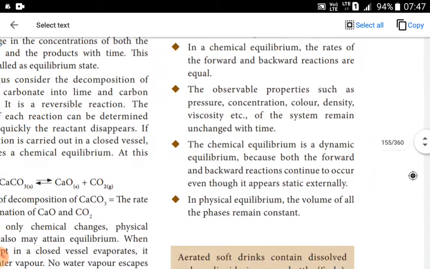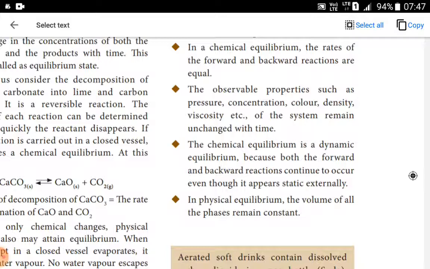Then chemical equilibrium is dynamic, that is, a stable balancing between the continuing processes of forward and backward reaction. Chemical equilibrium is dynamic because both forward and backward reactions continue to occur even though it appears static externally.